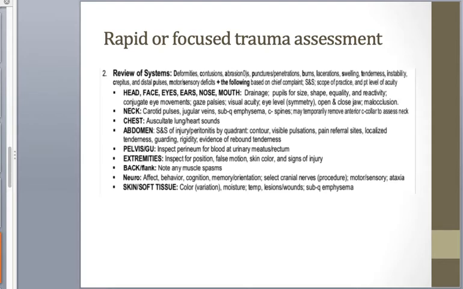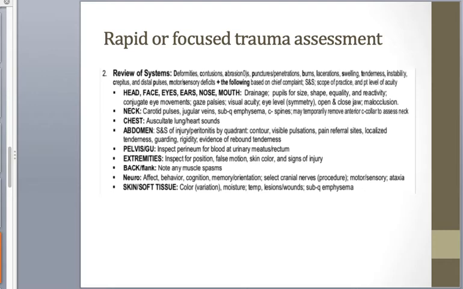Head, face, ears, eyes, nose, mouth. We're going to be looking for the things covered on the DCAP-BTLS list. Neck, chest, abdomen, pelvis, extremities, back, neuro, and soft skin tissue.